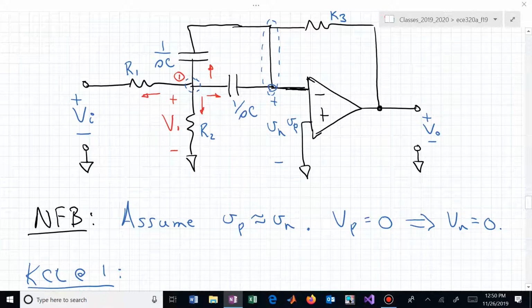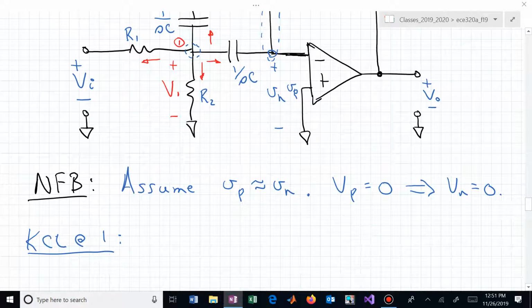The current going left horizontally: V1 is a node voltage we're trying to determine. We don't know what it is. V sub I we're assuming we know. That's an input. We can write the voltage dropped from right to left across that first resistor R sub 1 as V1 minus V sub I, and the current then is dividing by R sub 1. The current going to the left is V sub 1 minus V sub I over R1.